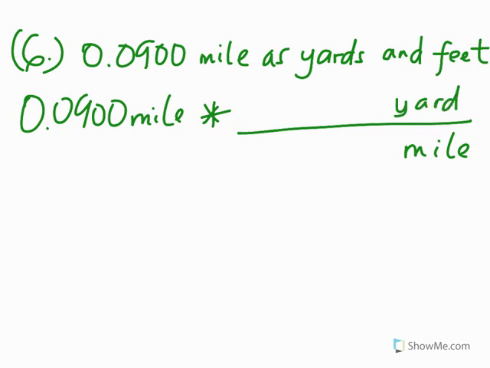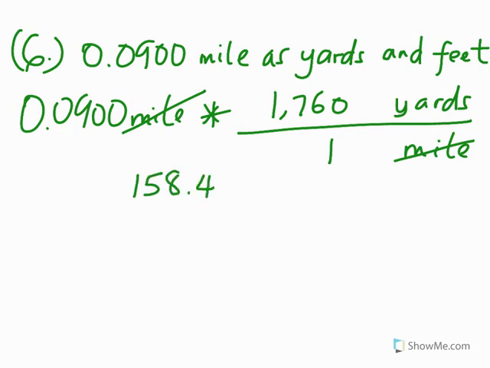What is the relationship? We see that 1 mile is 1,760 yards. So mile will cross out mile. When we multiply this, we have 158.4 yards. Now, what does this 158.4 yards mean?